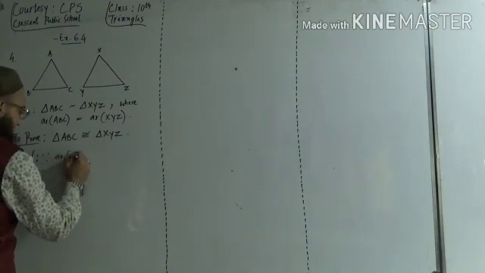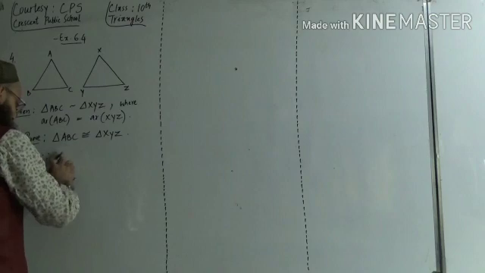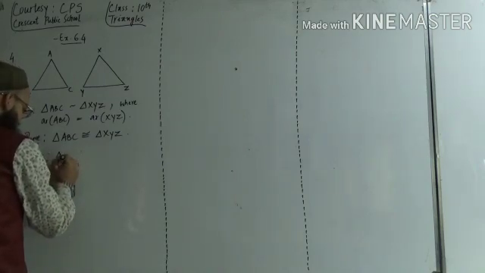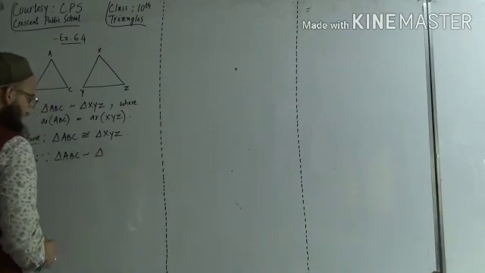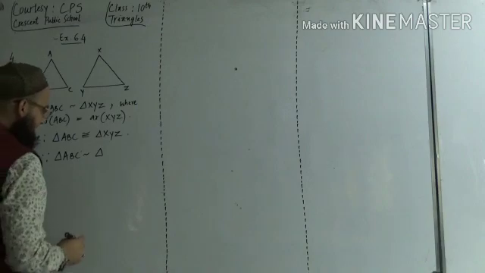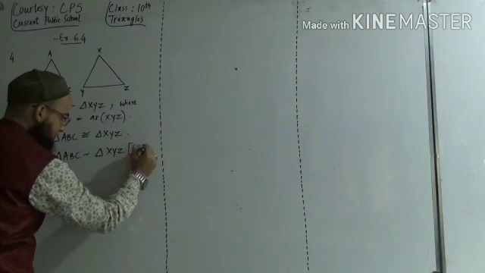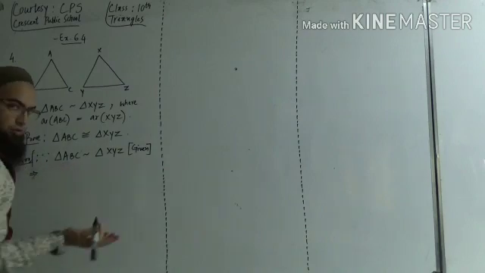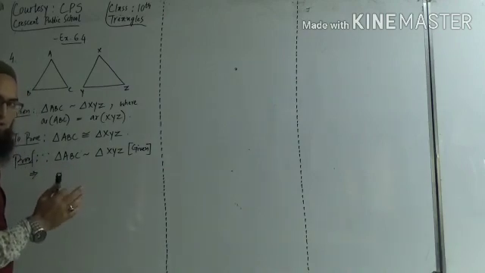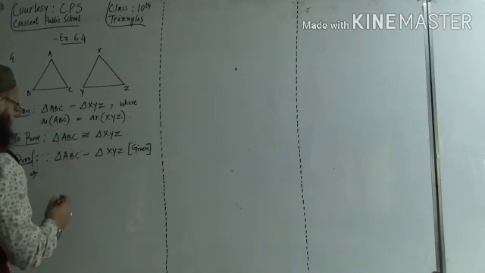Since triangle ABC is similar to triangle XYZ, it is given, which implies that, from theorem 6.6, if triangles are similar, the ratio of the areas of these triangles is equal to the square of the ratio of the corresponding sides.